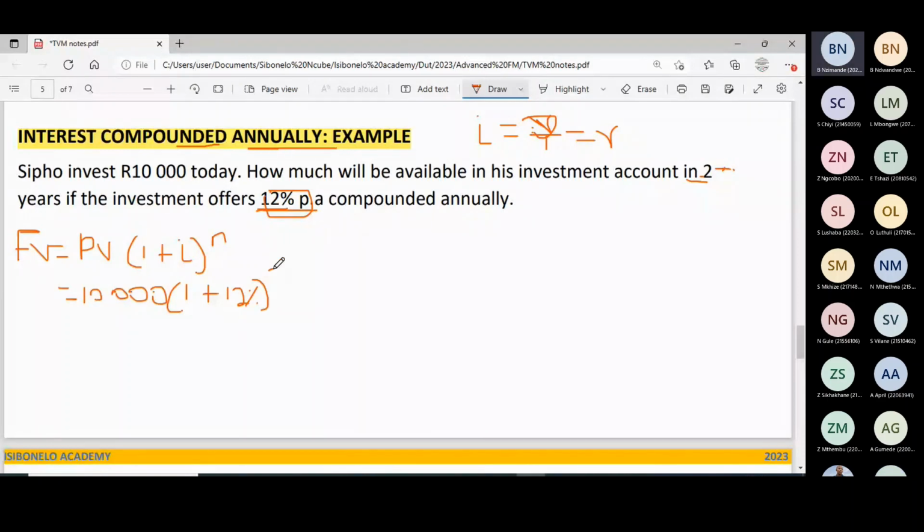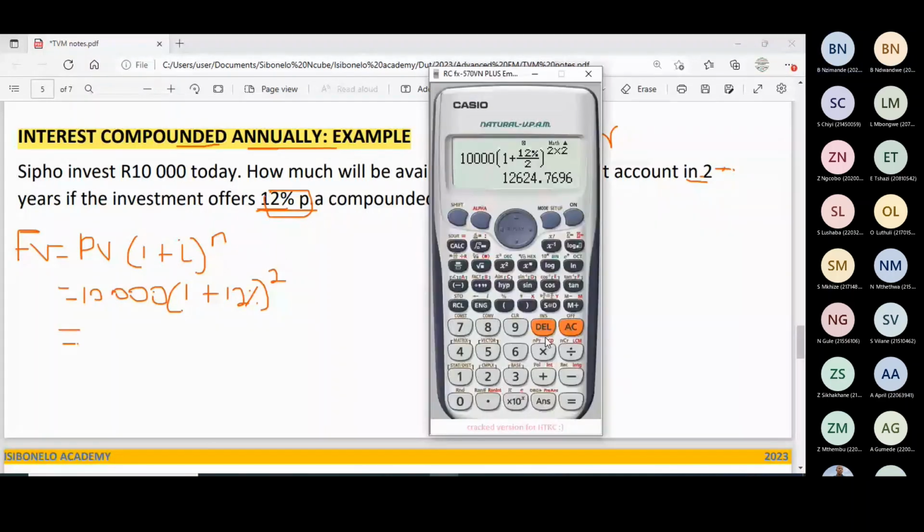So guys, when you are told that interest is compounded annually, you do not change your I and n. So 10,000 into 1 plus 12% exponent 2 years. So that is 12,544.